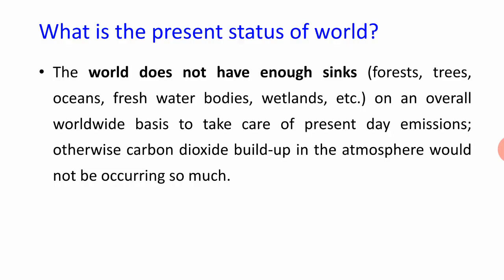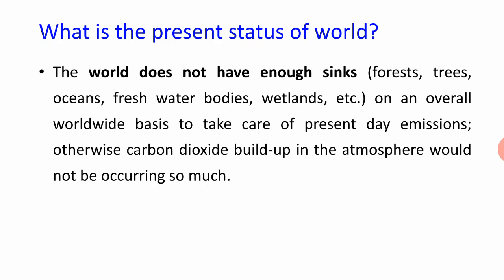So there we can see what is the present status of the world. As we know, the world does not have enough sinks. What are carbon sinks here? Carbon sinks are places that absorb carbon dioxide and convert it into the required materials.